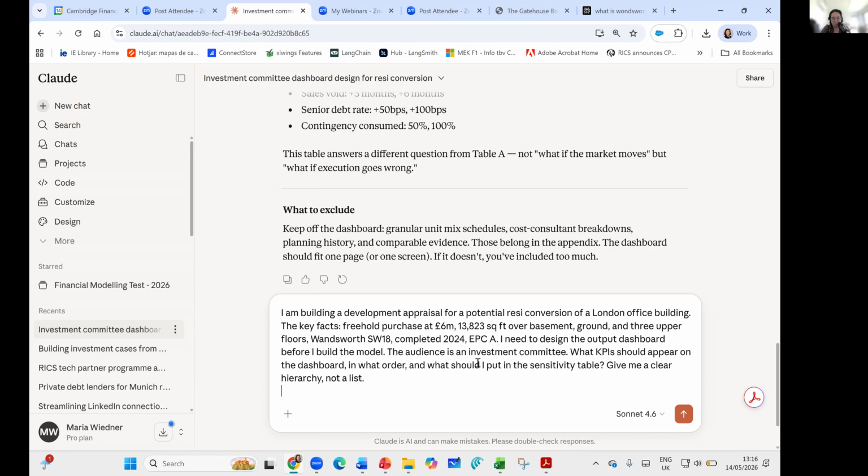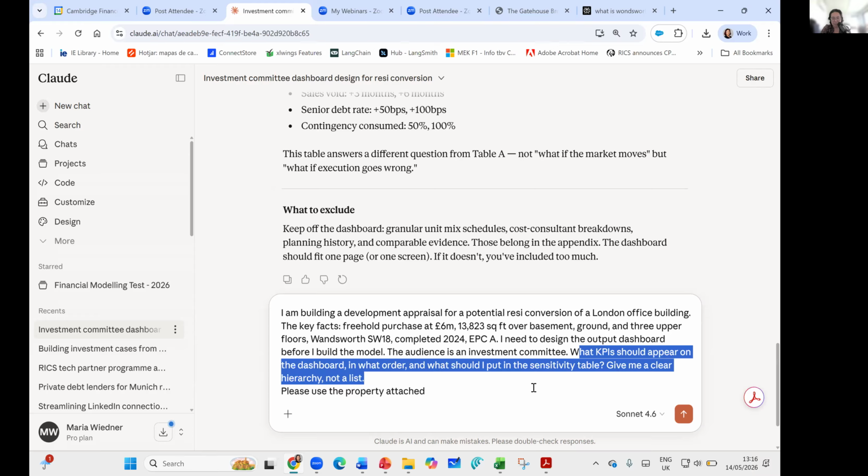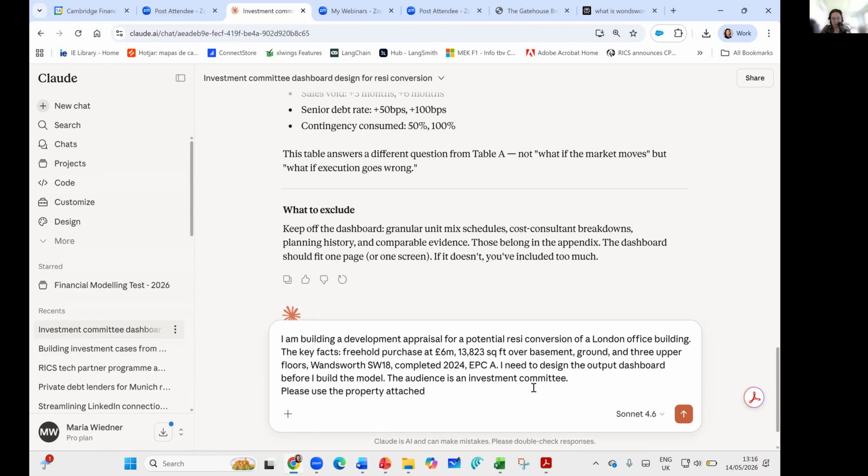And then you're going to say, I don't need to use the case study attached. Please use the property attached. I'm just going to delete this part here because we have already done the first question before. Now the property attached, and build me the dashboard and the cash flow in Excel.